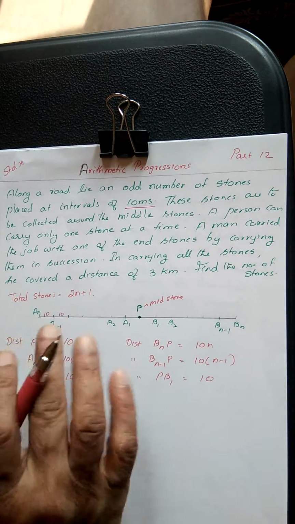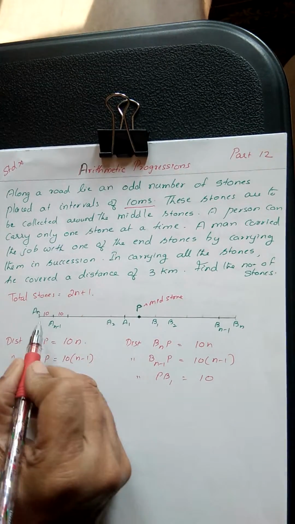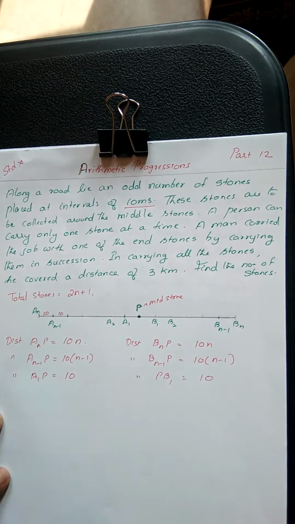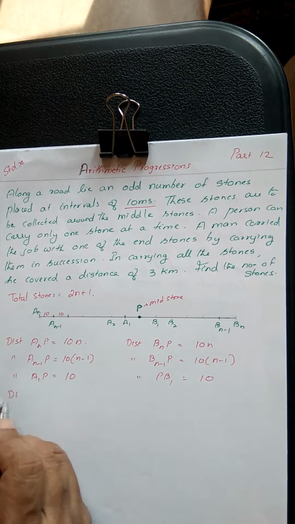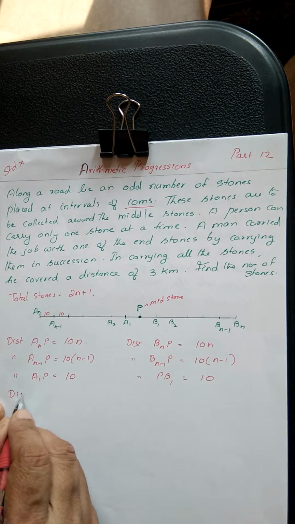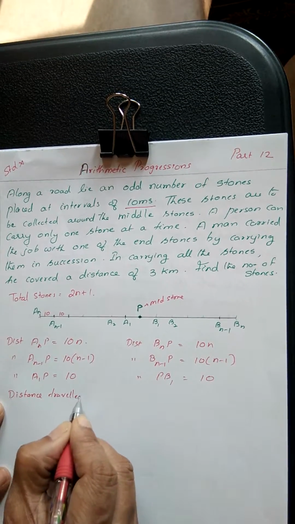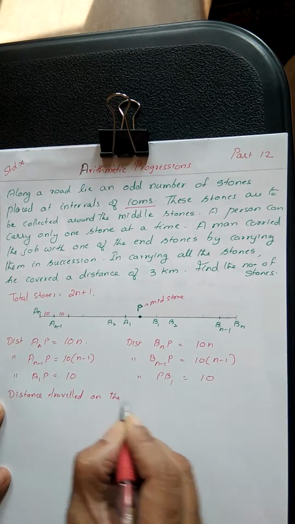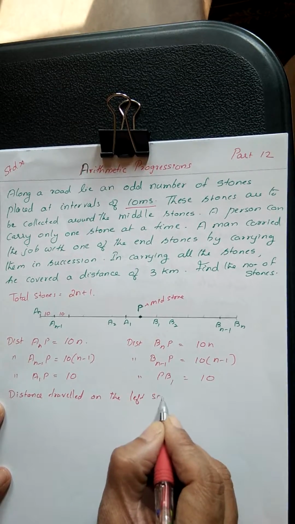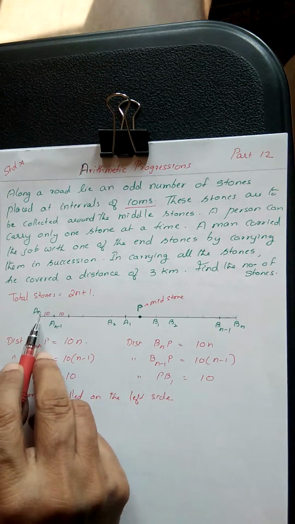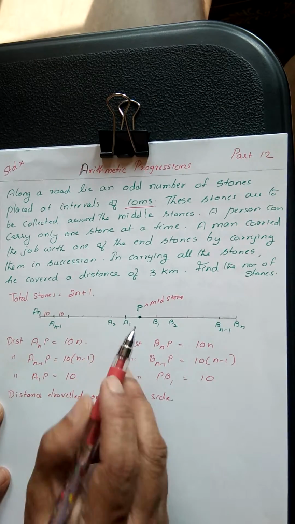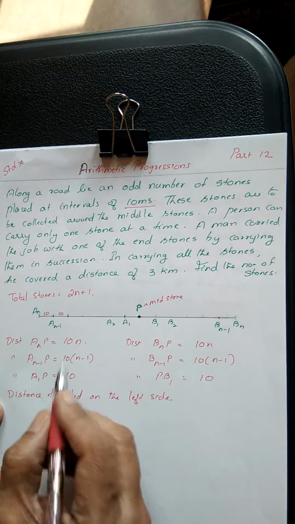Now let us start writing the total distance travelled on the left side. He will start from AN and go to P. So that will be ANP, that will be 10N.